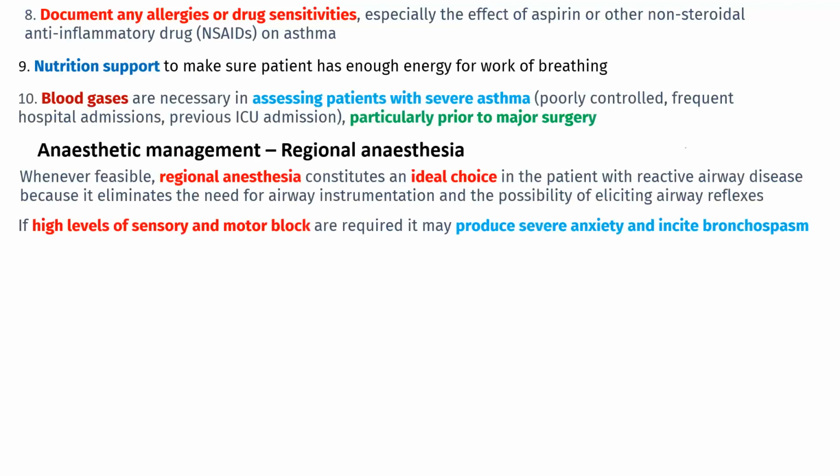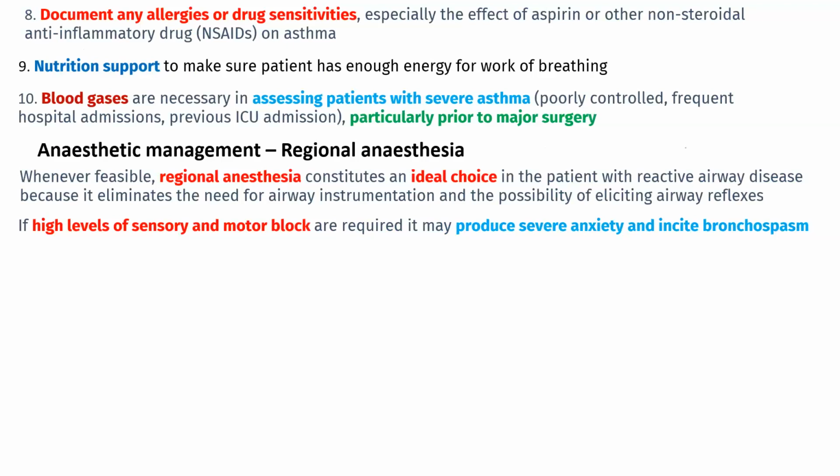But high levels of sensory and motor blockade produce severe anxiety, and that itself can produce bronchospasm in the patient. And the second thing is higher levels also block the sympathetic outflow. So the catecholamine release will be less, whereas with a low-level block it is mostly the parasympathetic that is blocked, because parasympathetic is craniosacral, as you all know, and the thoracolumbar outflow is the sympathetic outflow.